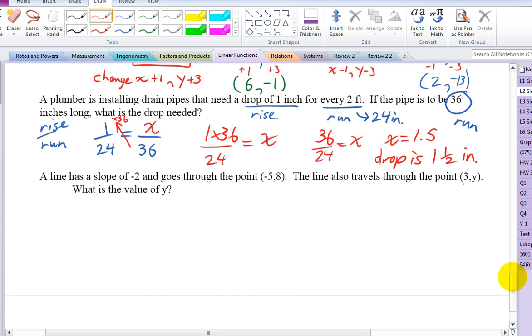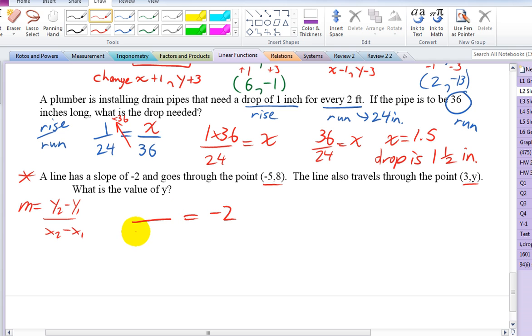Next one. This is another classic one, which is a little challenging. So we have 2 points. We can make up our slope equation. M equals y2 minus y1 over x2 minus x1. So what we want to start with is the slope is -2. Okay, y2, let's make that, and the other thing I like to do is write it this way because you guys are more used to seeing that.